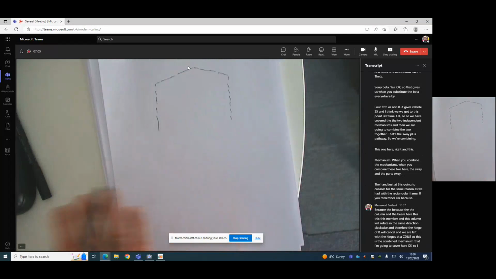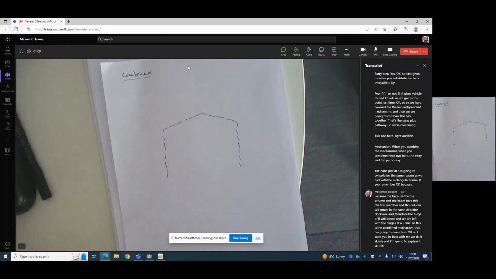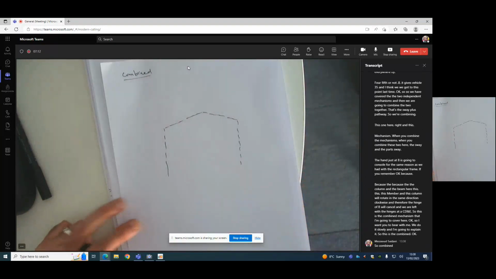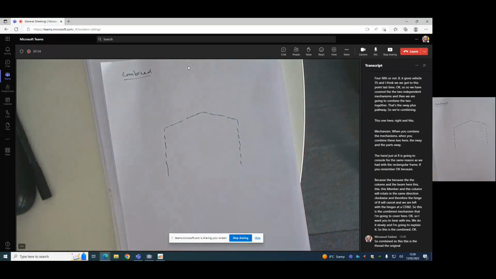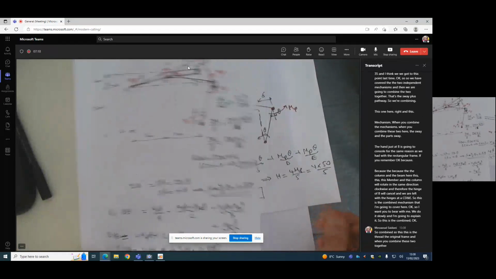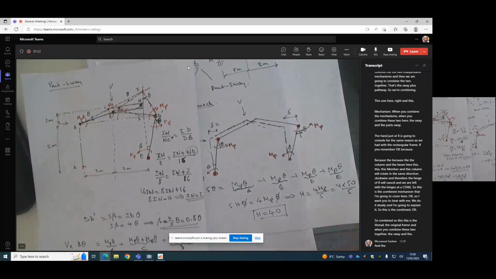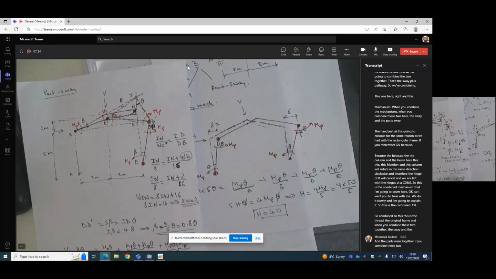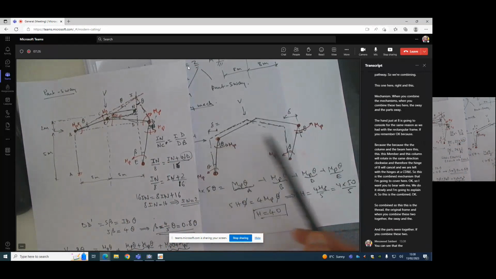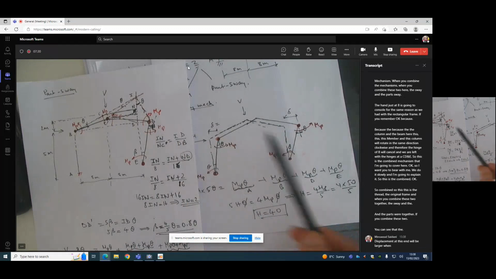So I want you to bear with me. We do it slowly, and I'm going to explain it. So this is the combined, okay? So this is the original frame. And when you combine the sway and the part sway together, you can see that the displacement at this end will be larger when you put them together, okay?